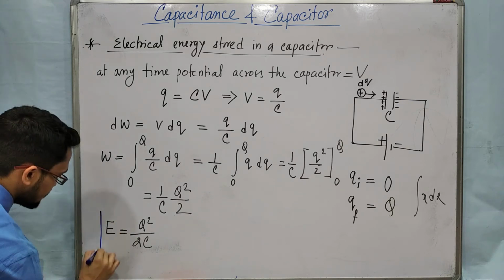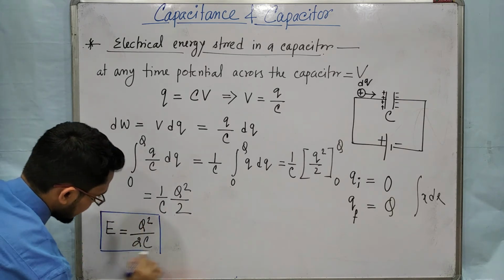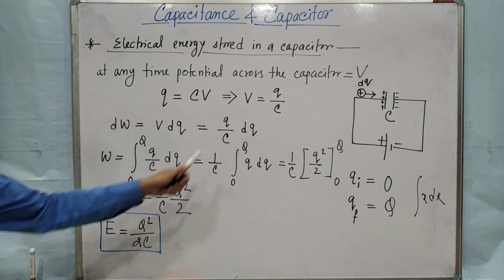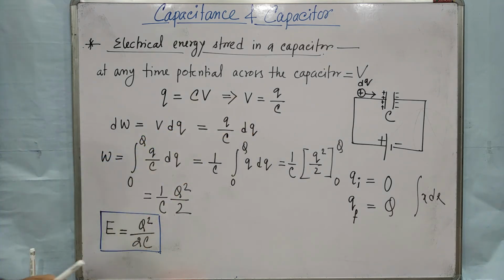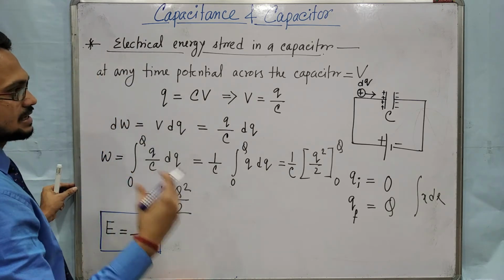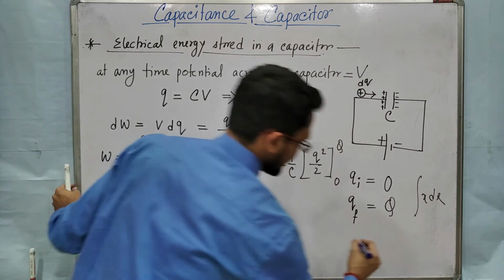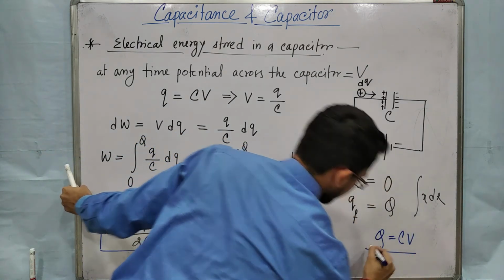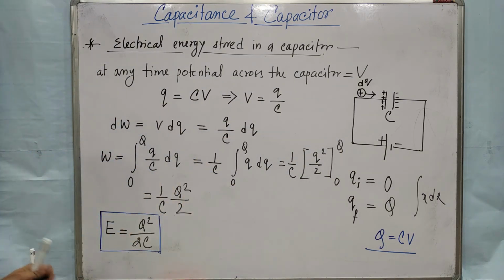Now this is one formula. We can get another two formulas from this quantity using this equation. Suppose the potential is V at the end. So Q equal to C into V. We will use these two equations and find another two relations of electrical energy stored.